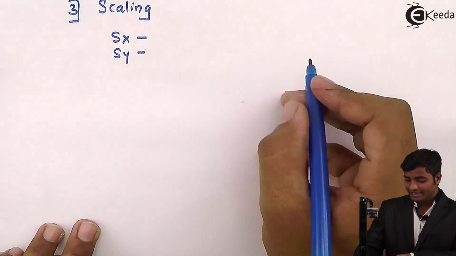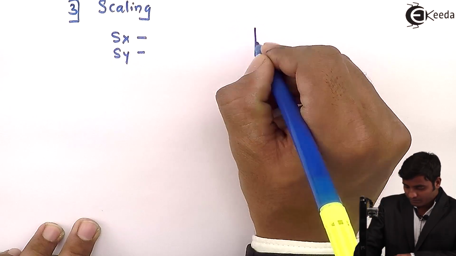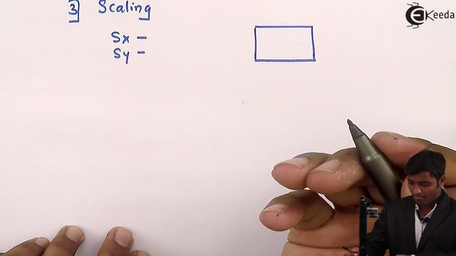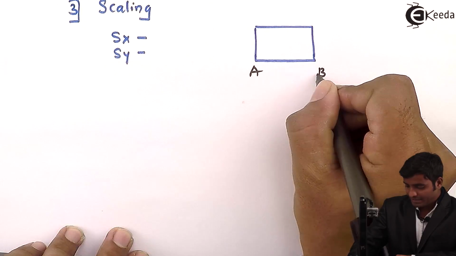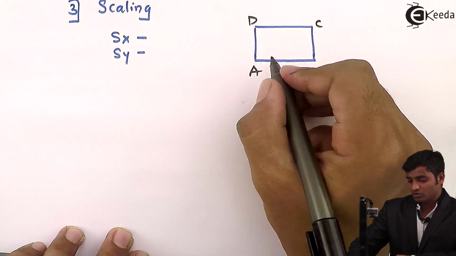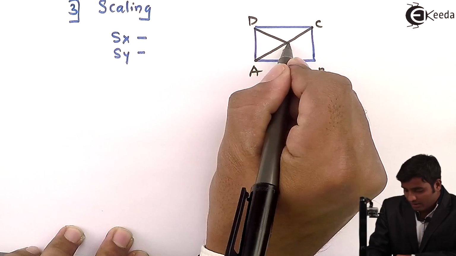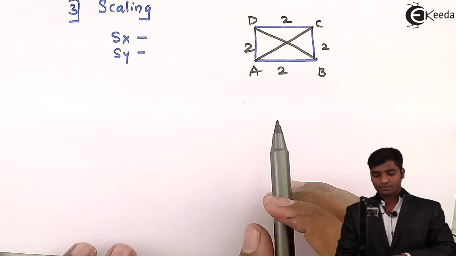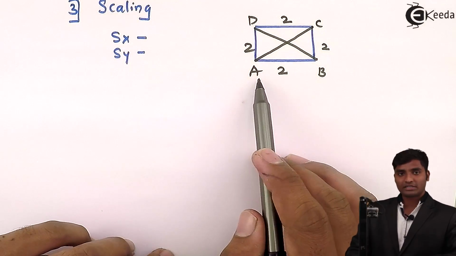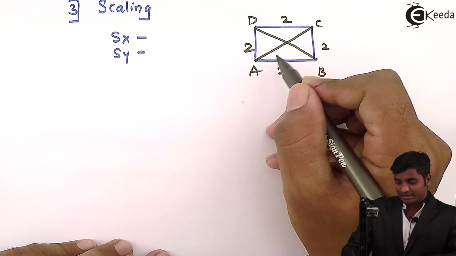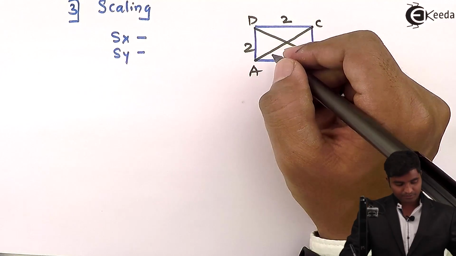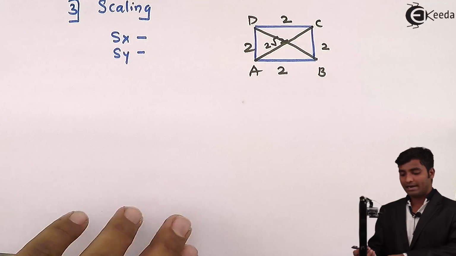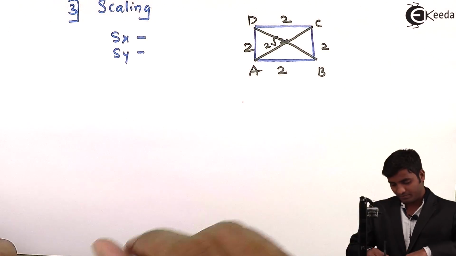Looking at the initial figure, this is A, B, C, D. If I join the diagonal, and I know this side of the square, by the Pythagoras theorem I can calculate the diagonal AC as 2 root 2, and the final figure is of this form.